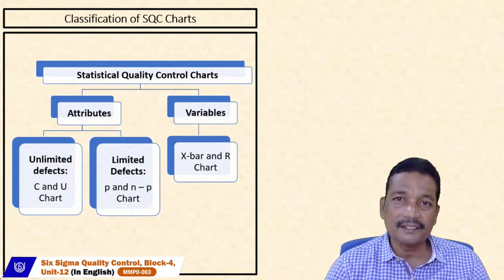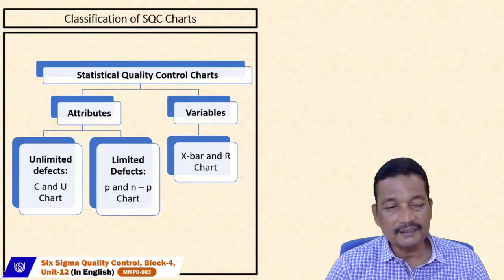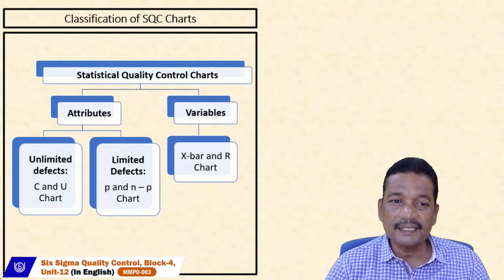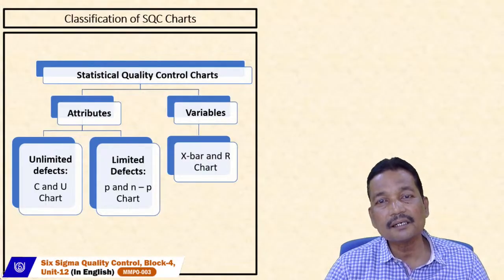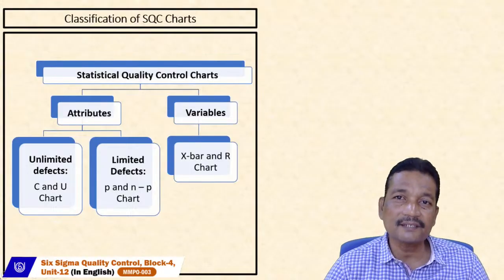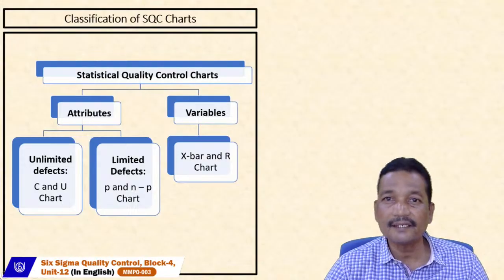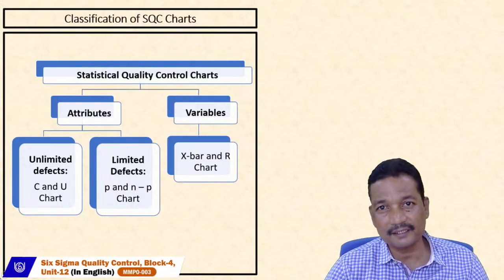Now, what is a limited defect? For example, suppose 10 items are taken as a sample and tested for acceptance by a qualitative characteristic.